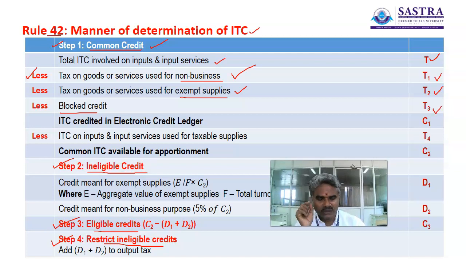So T is for total input tax, T1 is tax on input for non-business, T2 exempted supplies, T3 blocked credit. So these are all the classifications we have to make in step 1 first.